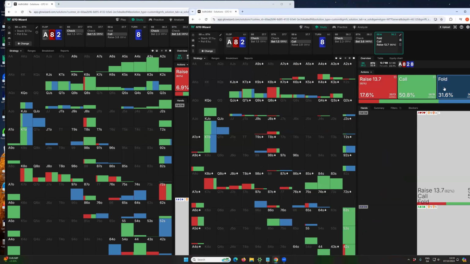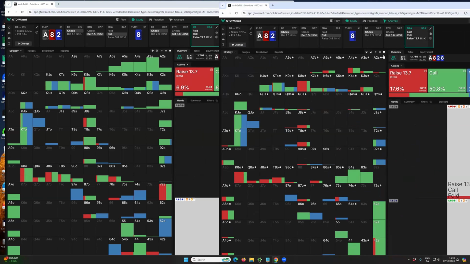But actually, his folding frequency, like if he doesn't have a hand, he doesn't have a hand. It's really you're sort of targeting the part of his range that he shouldn't really be raising, but that he's raising because he just likes to be aggressive.